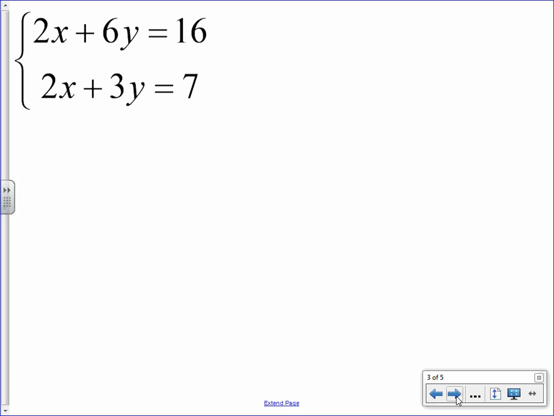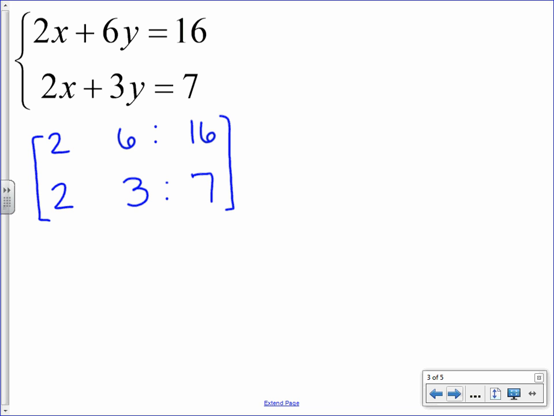We're going to solve this system using an augmented matrix, so we first need to write it as an augmented matrix. Okay. So our goal is going to be row echelon form.